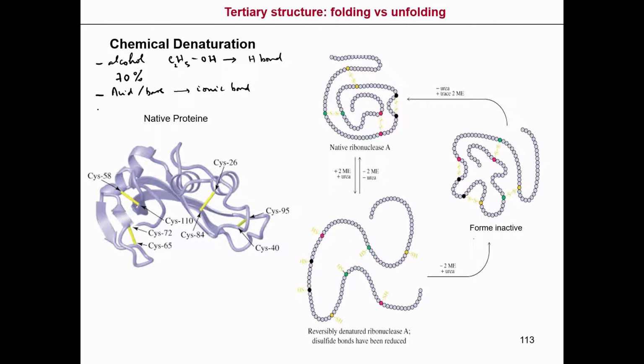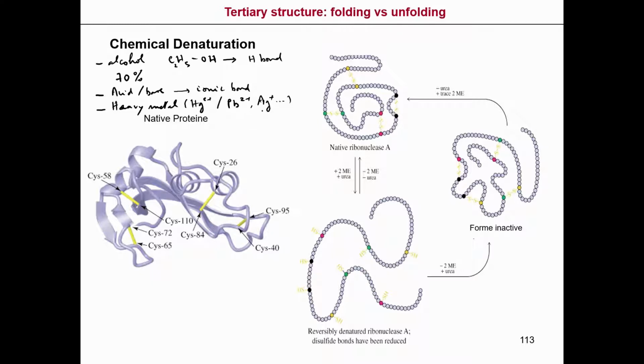You can also have heavy metals, for example mercury, lead, silver, and so on.